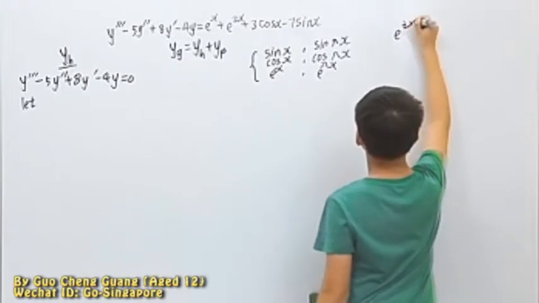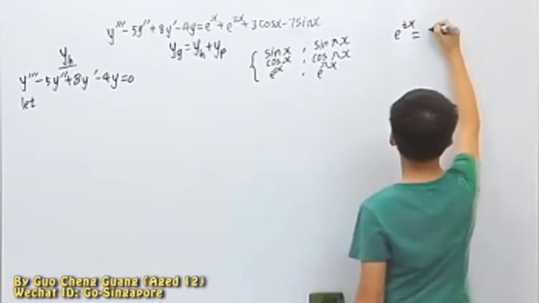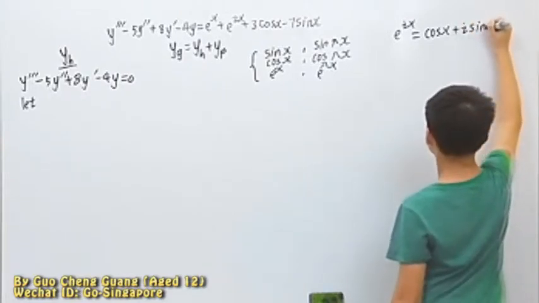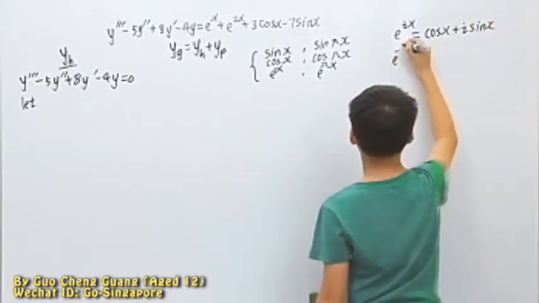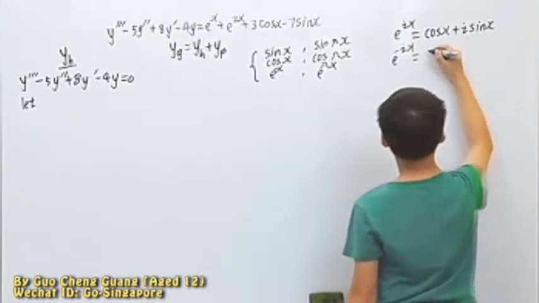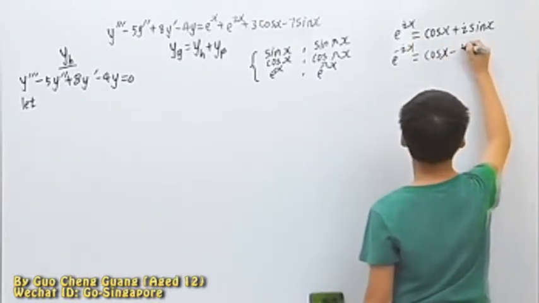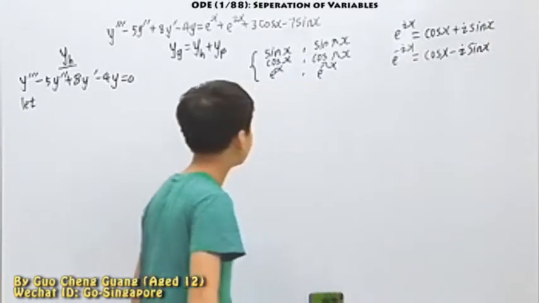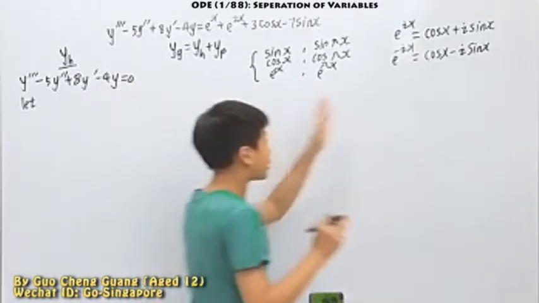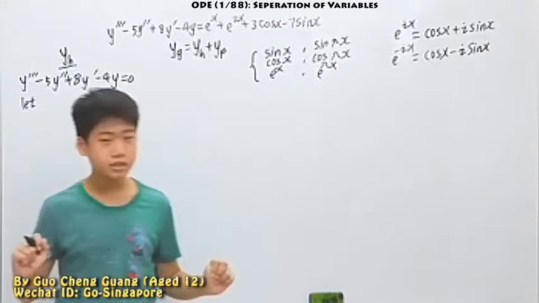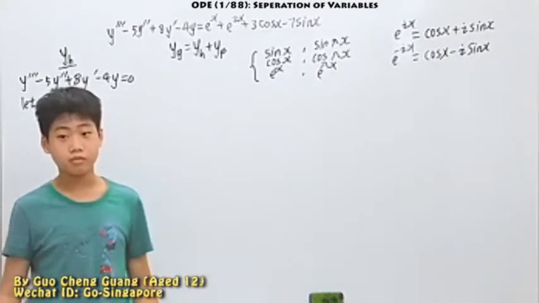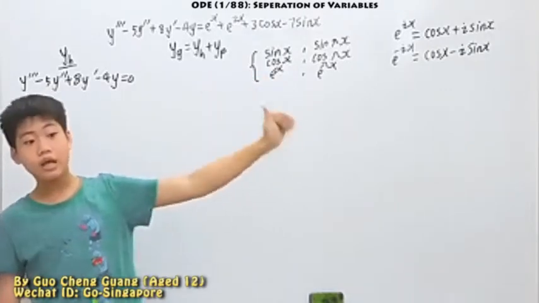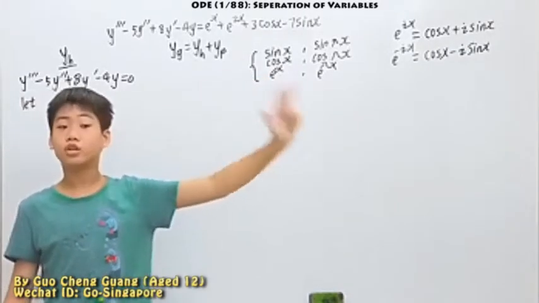Euler's formula: if it is i, then you get cosine plus i sine. How about negative i? It's just changed a little bit, but you still get cosine and sine. That means from the exponential function you can get itself, you can get sine, and you can get cosine.